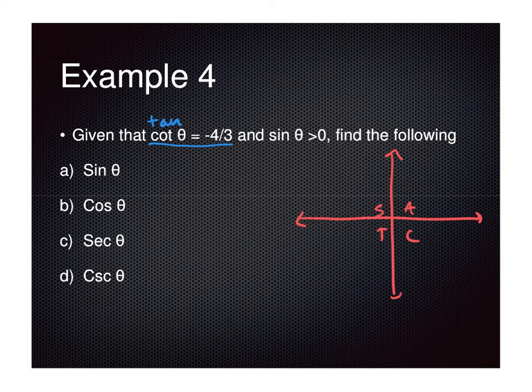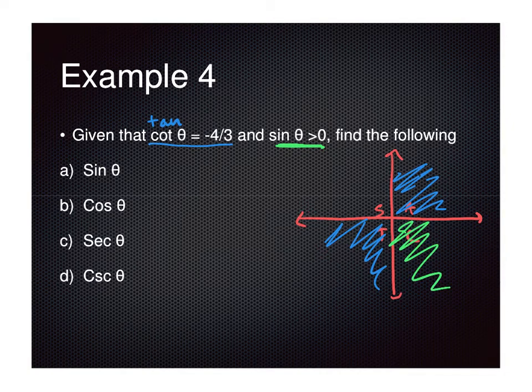So that crosses out A and T. Sine is positive, so which one does that cross out? Cosine. So our theta is going to be over here where our sine is. So it'll be somewhere over here. So cotangent is -4/3.